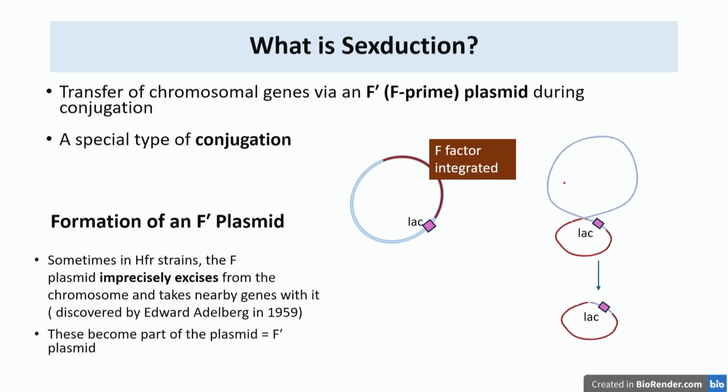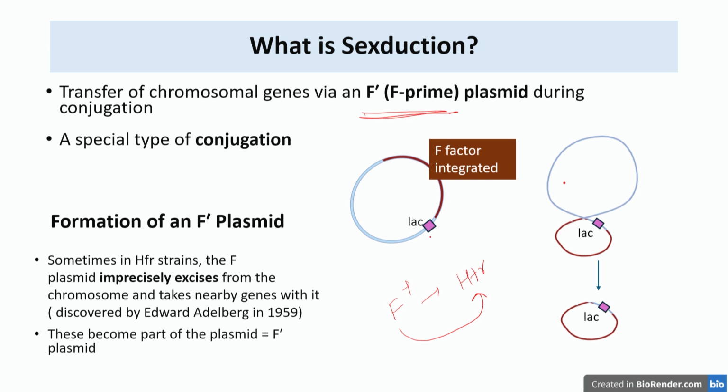So now we are coming to the next continuation to the conjugation process, which is the sexduction. So the same thing, you see, we have F factor, we have HFR, and now we are coming to sexduction, which we denote as F prime, right? So what happens? You already learned that the F plus strain becomes a HFR when the F factor gets integrated into the bacterial genome, right?